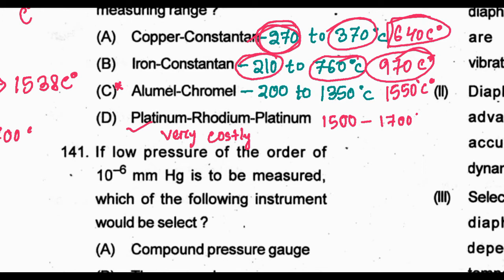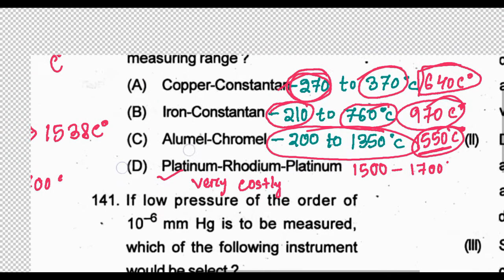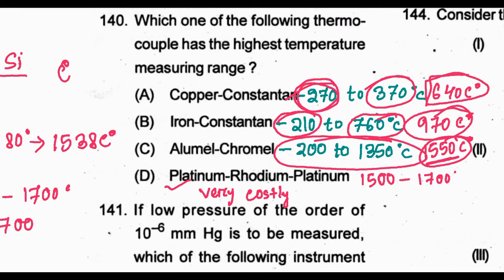This is minus 200 to 1350 degrees Celsius. So the range comes to be 1550 degrees Celsius, which is the highest among these three. You will also find in books, or this was a previous year ESE engineering services question, that many books give the answer as alumel chromel.